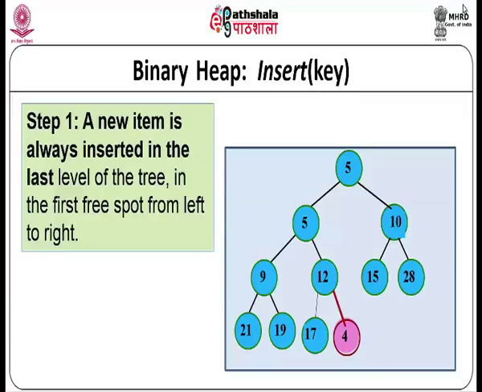Now, this particular min heap after this step does not satisfy the heap order property. It satisfies the shape property, or structure property as it is called, but it does not satisfy the heap property. So, the next step of the insertion algorithm is to iteratively ensure that the heap order property is satisfied.